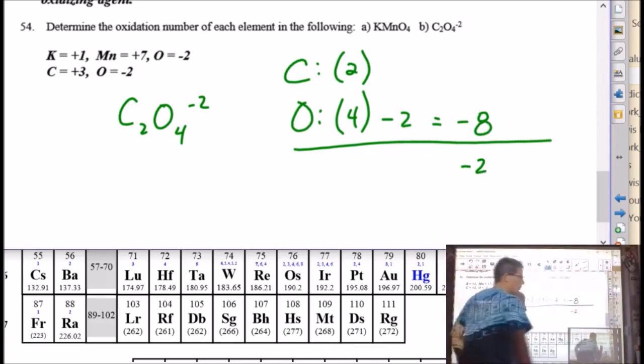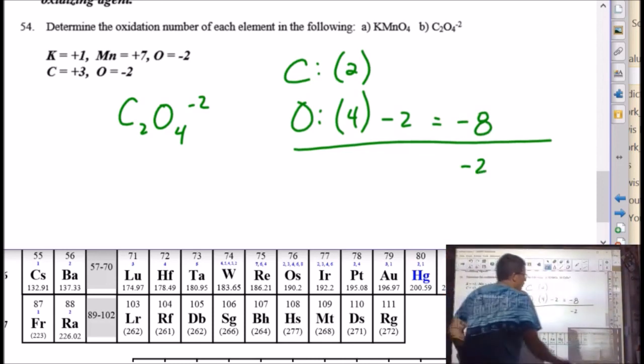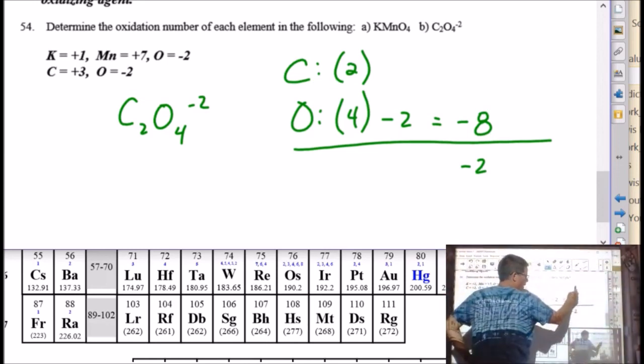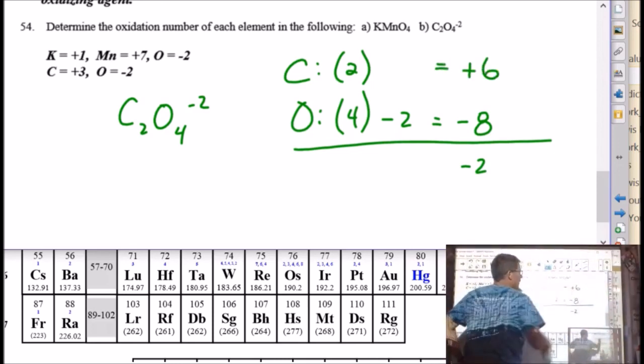However, in this case, the whole compound has a -2 charge, which makes that kind of nice. So we need to make sure that whatever number we get here has to equal -2. So if I were to go +6, okay, I can see that. And in that case, +6 divided by 2 gives me a +3 charge.